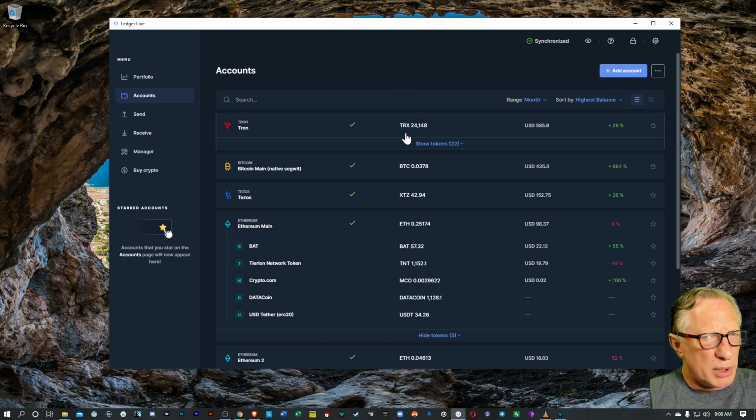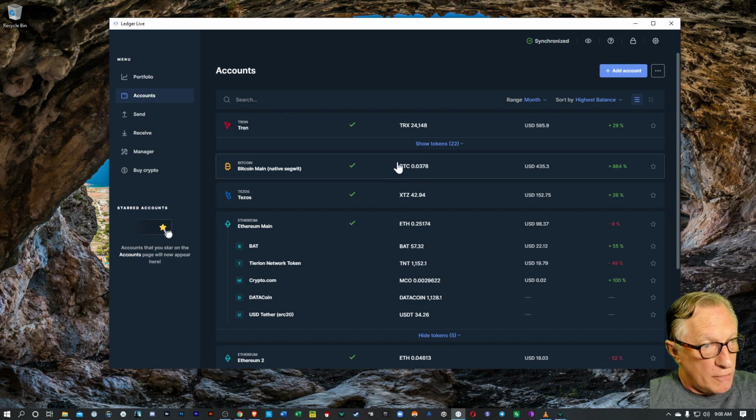So it queries the blockchain and it gives me the current balance. Now, I don't need to do anything on this thing to read those balances, right? Ledger Live can do that without this. It's just a piece of software, and it saves the information of each of my wallets.